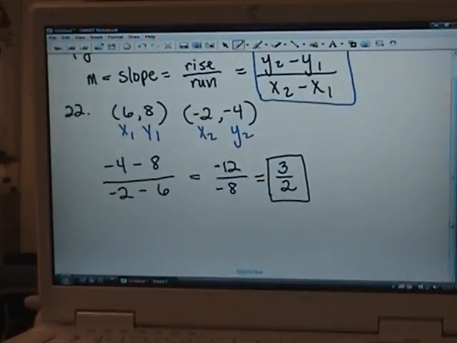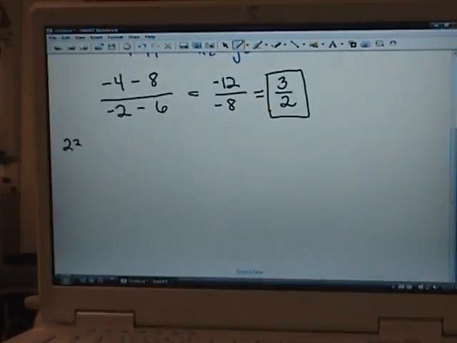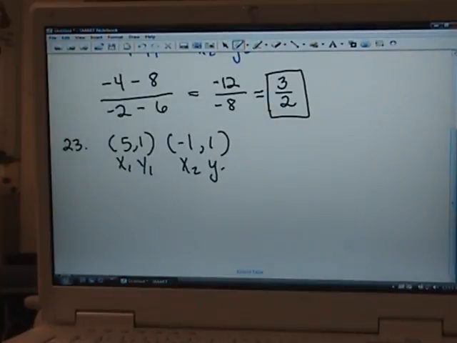Let's do number 23 together. I have (5, 1) and (-1, 1). Let's label the points: x1, y1, x2, y2.